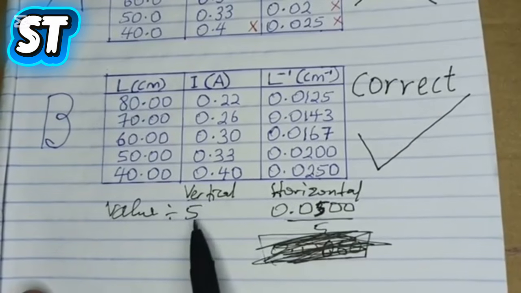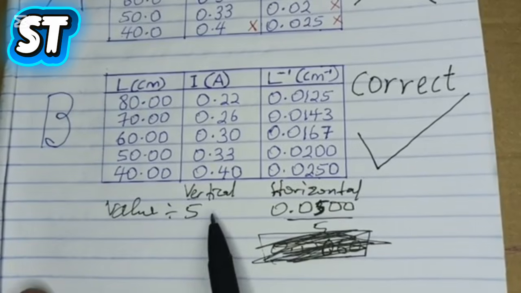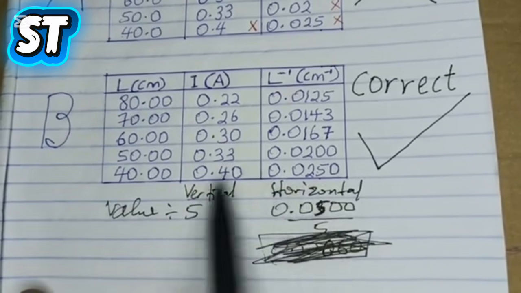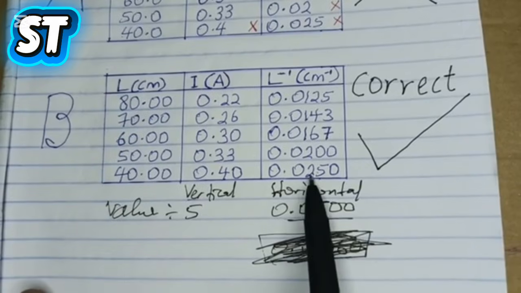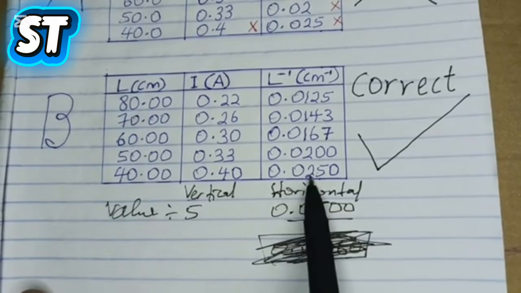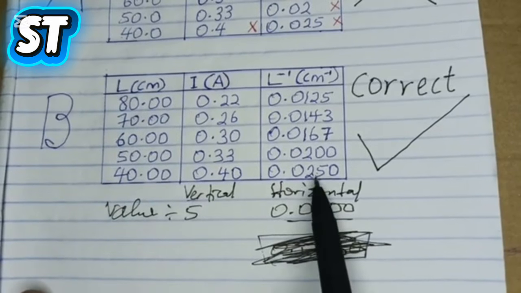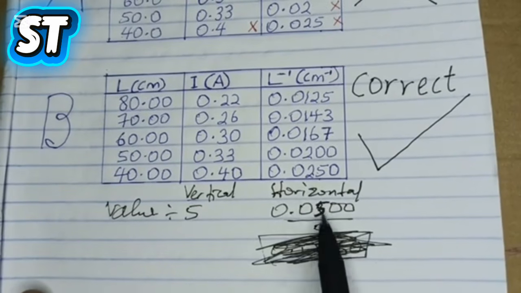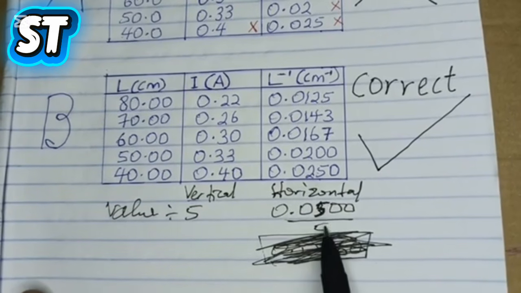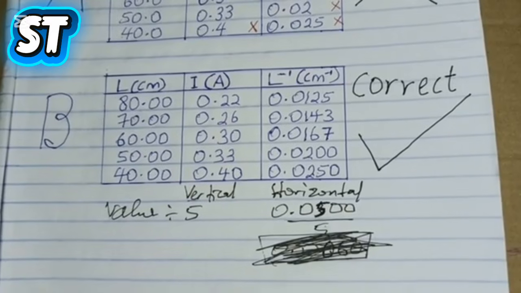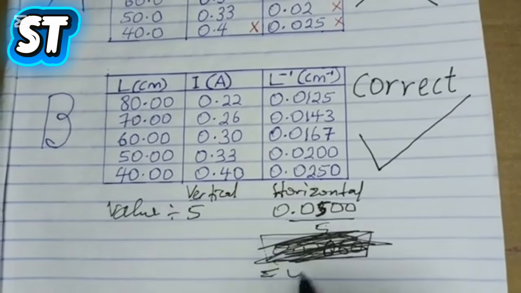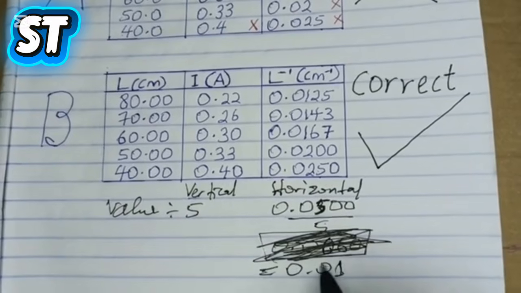Make sure the value is divisible by 5. And our graph must take, I love to take 2/3 of the entire graph. Our drawings must take 2/3, so this will cater for it also. This one is 0.02. I would like to go for the nearest value that is divisible by 5, which is 0.05. See now? So I can easily divide this by 5. Once I divide this by 5, this will give me 0.01.